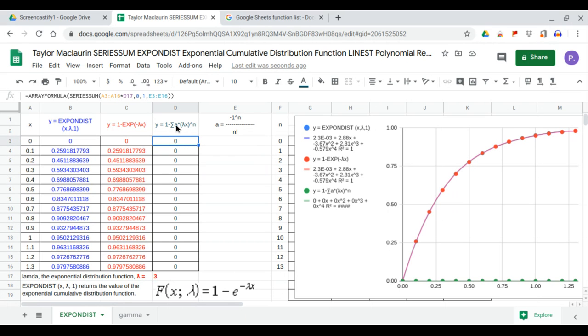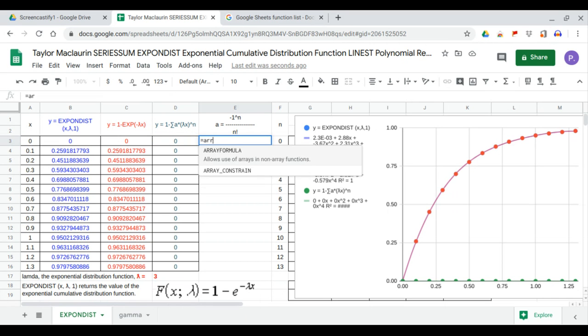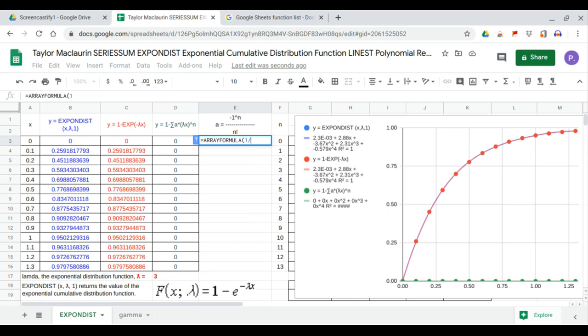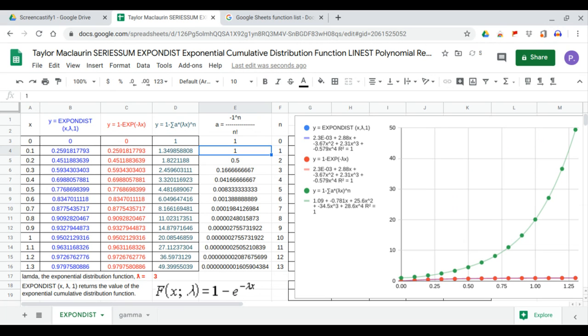Now that we have the Taylor Maclaurin series sum column, we now work on the coefficient. So RA formula, we start with the denominator, factorial of the n values. Now that we have the denominator, we'll work on the numerator part, negative 1 to the power n.